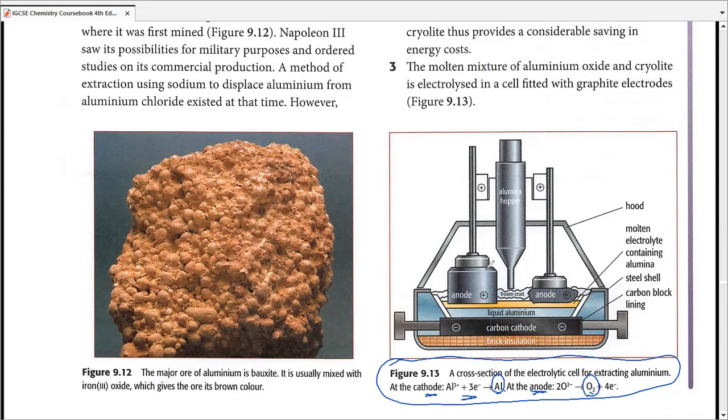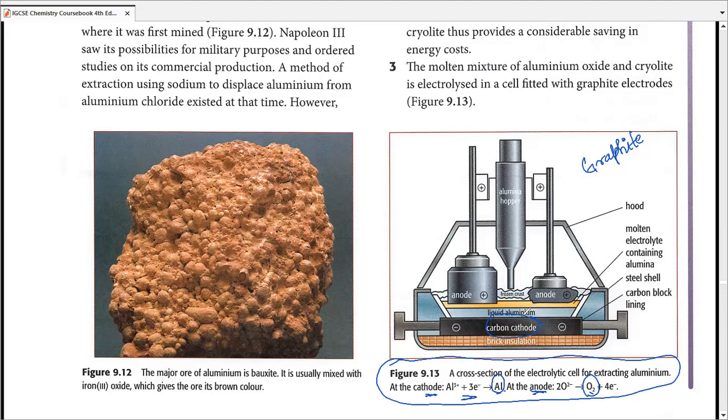Now let's take a look at the structure. This entire structure has major parts. There we have a carbon cathode. The word carbon is written over there, but we are probably talking about graphite. Graphite is a form of carbon. So graphite cathode, then there is some insulation.